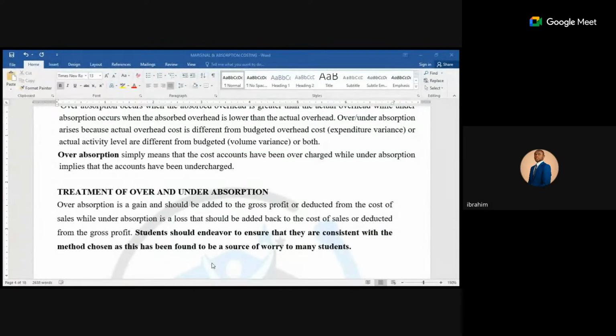Don't forget, from my notes, over and under absorption arise if there is a difference between the actual overhead and the budgeted overhead. Definitely you will have either over or under absorption, class. Now, how do we treat the over? Over means I have overcharged you.